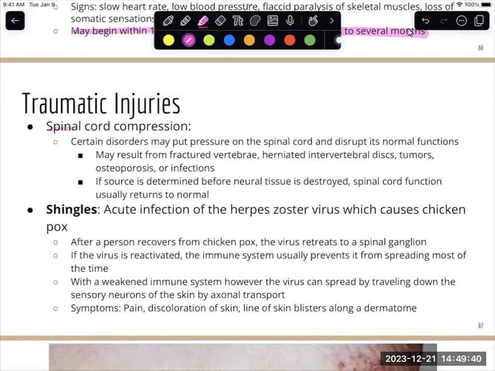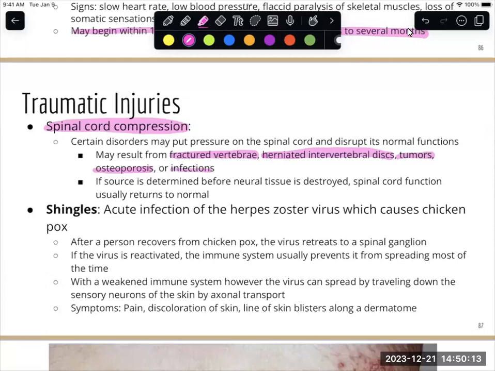Spinal cord compression. There are certain things that can cause compression of the spinal cord, like a fractured vertebra, a herniated intervertebral disc, tumors that are growing into that spinal column, osteoporosis. Somebody with osteoporosis, we mentioned it in the skeletal chapter, if they get one of those pathological fractures where their vertebrae just kind of collapse down, it can actually cause spinal cord compression.